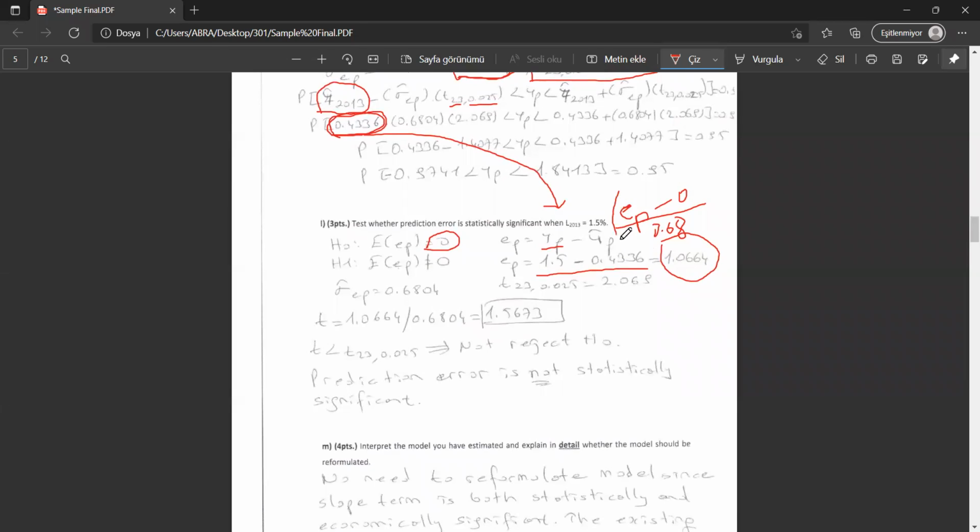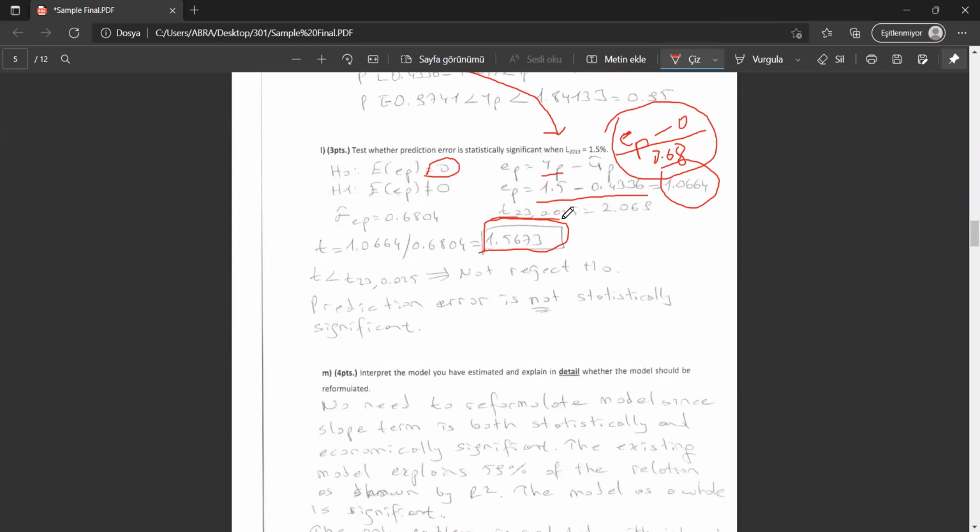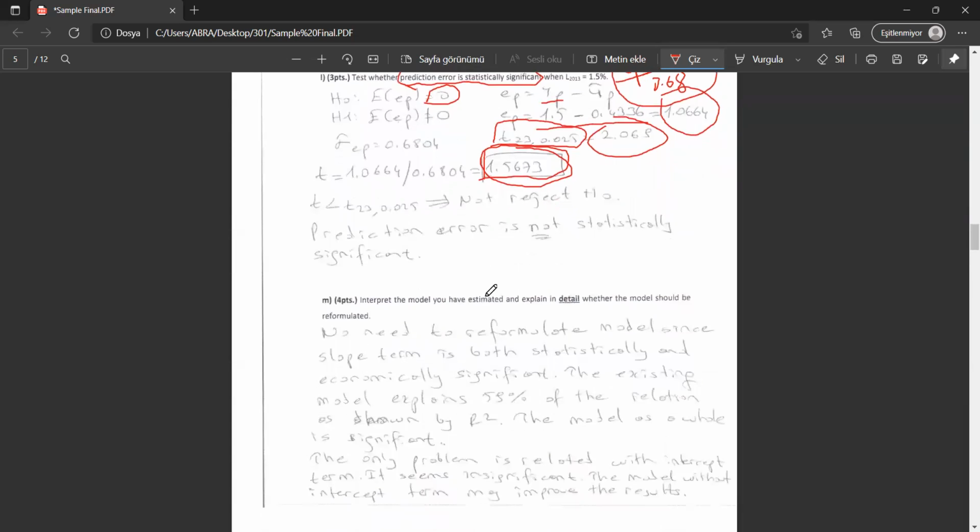And this is the thing we need to compare with the corresponding t value. Here, we are seeing that this comes up as 1.56. Now, we know that t(23, 0.025) is 2 point something. So this is not greater than this. So we cannot reject it. Since we cannot reject it, we say that prediction error is statistically insignificant. That's all.